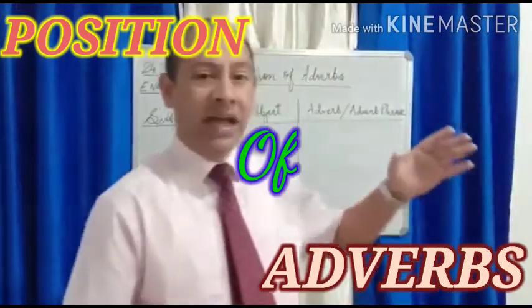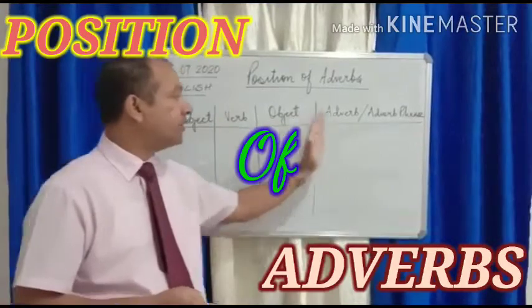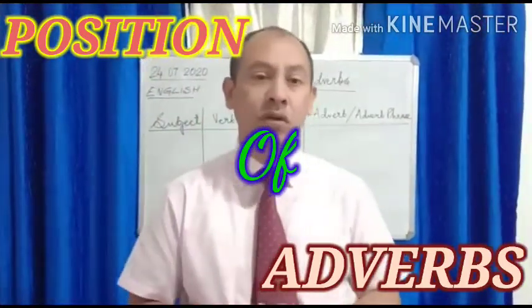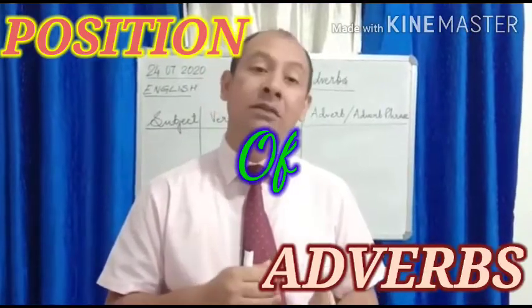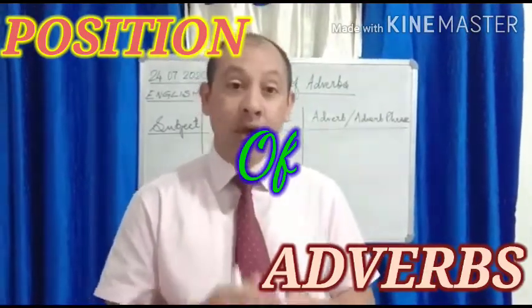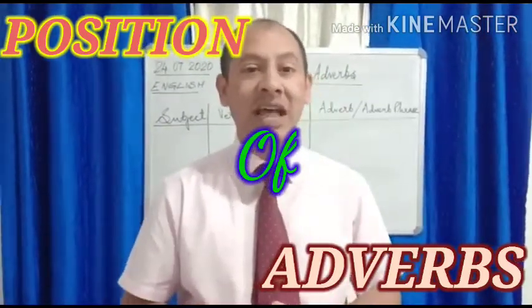So here I have segregated the different parts: subject, verb, object, adverb or adverb phrase of place. And I will show you how in an adverb of manner, adverb of time, and adverb of place, the position of these adverbs is decided.